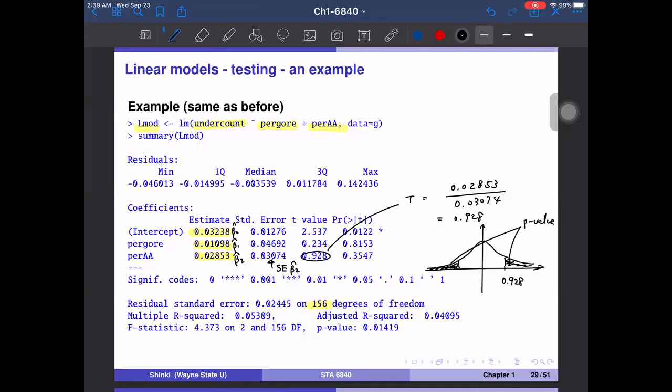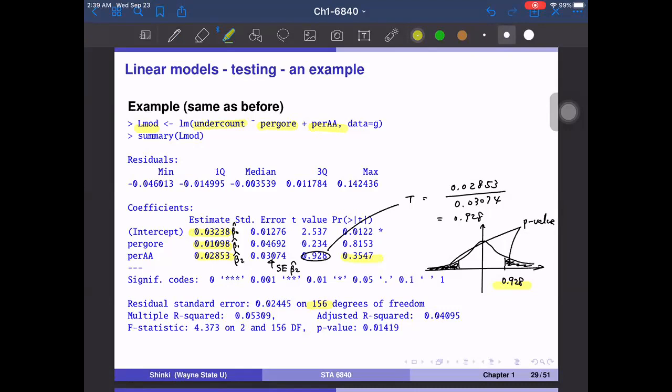Since 0.928 isn't a very large number, the p-value is not very small. The p-value is actually 0.35. So for example, if we use a 5% significance level, this p-value is larger than 0.05, so we do not reject the null hypothesis. So we don't have any evidence that the percentage of African American affects the undercount of the presidential election.